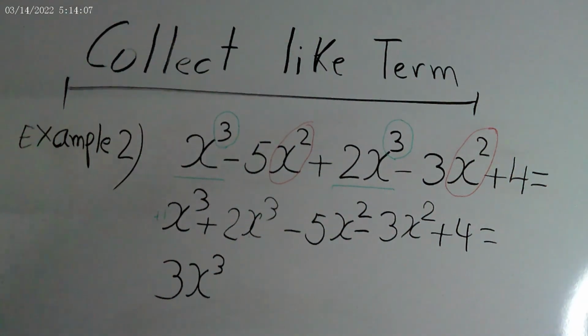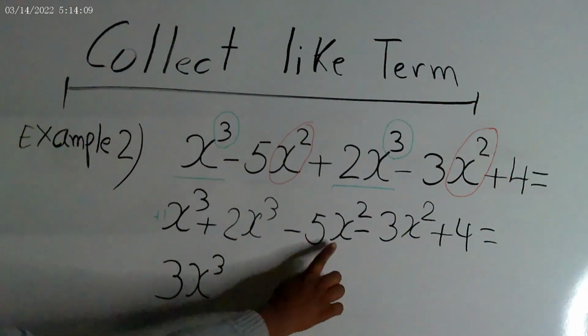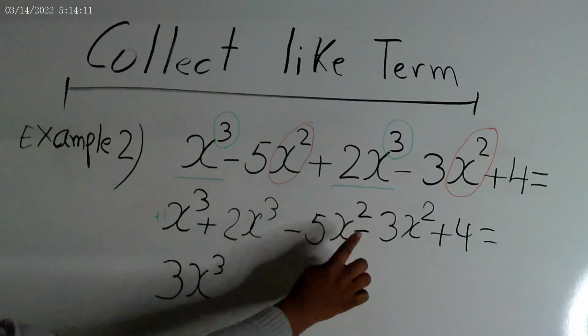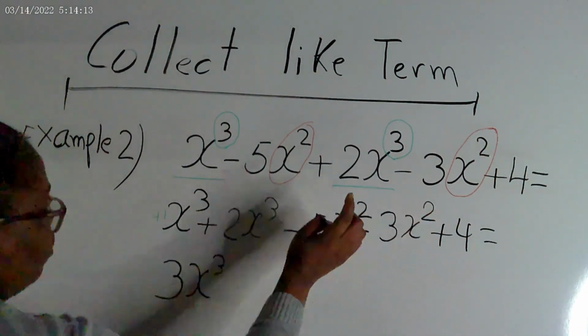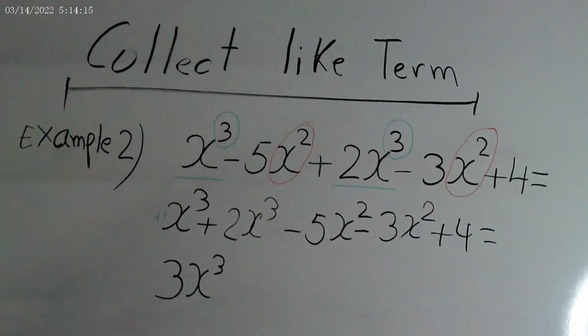Okay, right here you have minus 5x to the 2 minus 3x to the 2. So you're going to add them and keep the sign. You're going to add them and keep the minus sign.